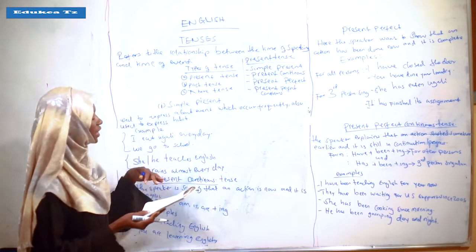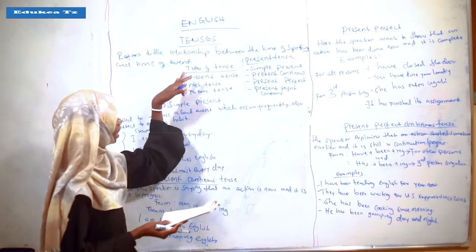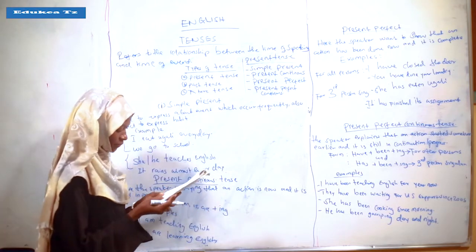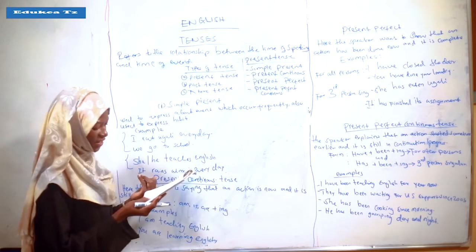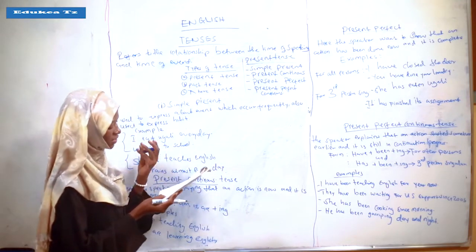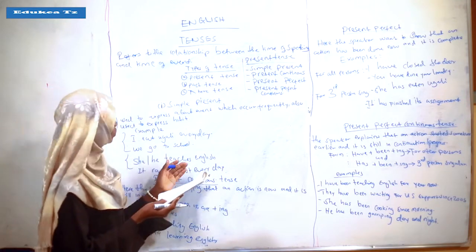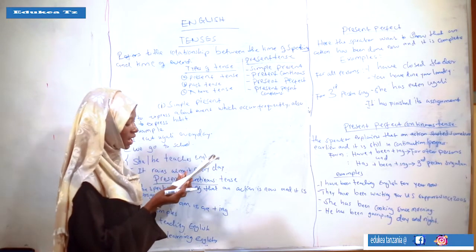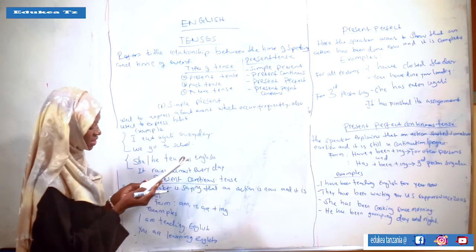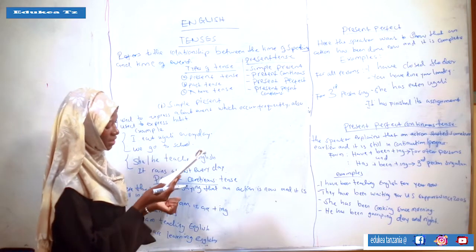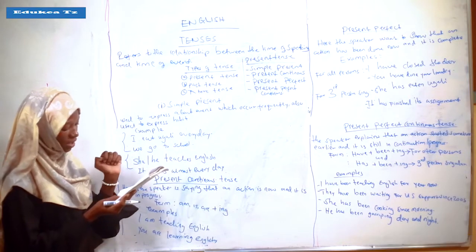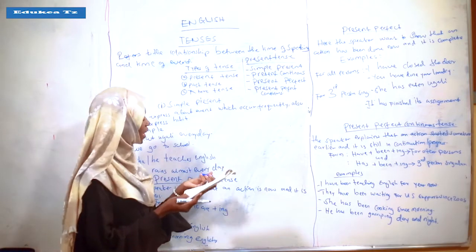Some argue that there are three tenses: present, past, and future. Another group argues that there are only two tenses and that the future is not a tense because the verb does not change its shape to express the time of action.